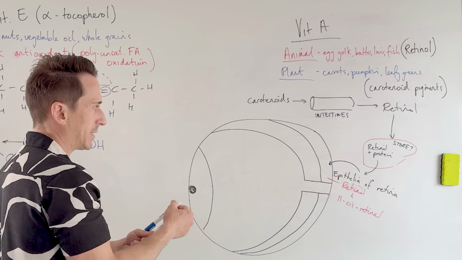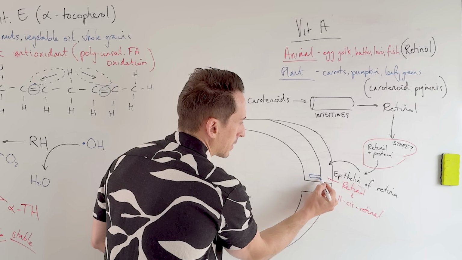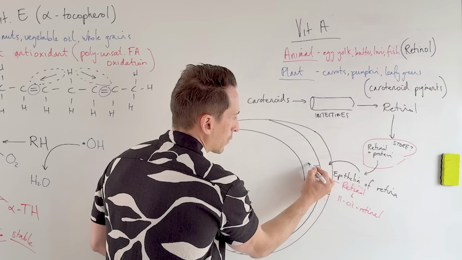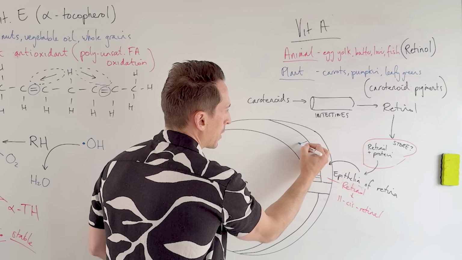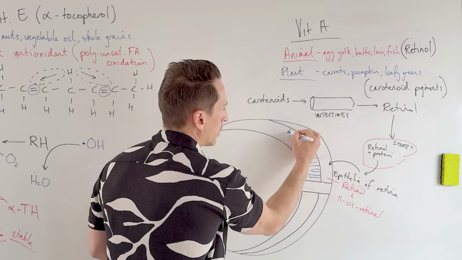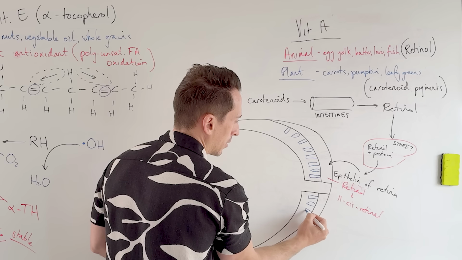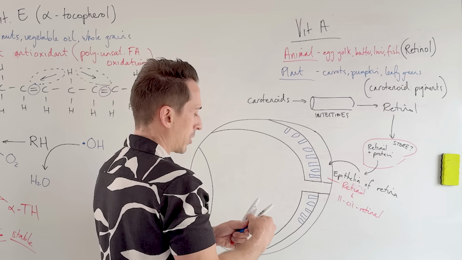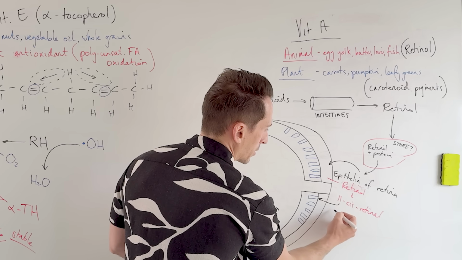Then what happens is you now have an area that has rods and cones. So you've got an area that's got all these rods, and an area that's got all these cones. They're really important for vision, for sensing light, and for transducing light signals through the optic nerve. Now this 11-cis retinal predominantly gets sent to the rods.